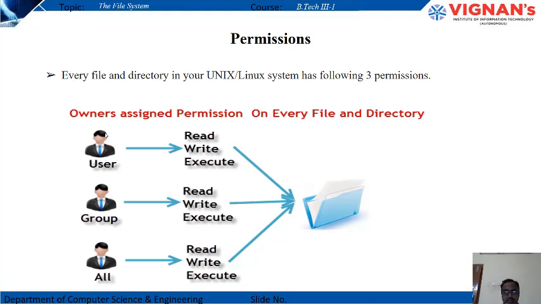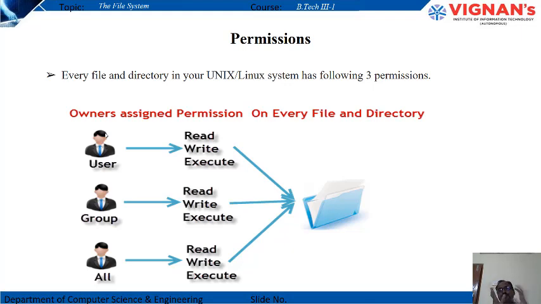Understood, my dear students? That is about the types of files. Now the next important topic after types of Unix files is permissions. Generally, why are permissions required in a Unix or Linux operating system?